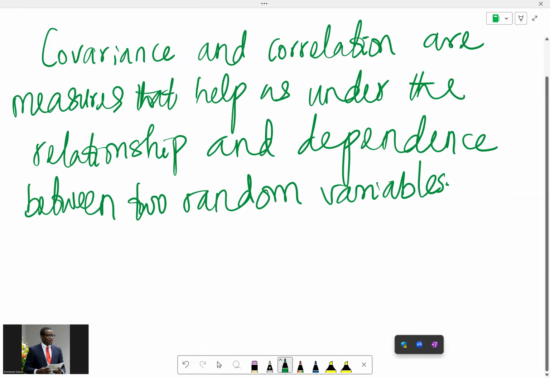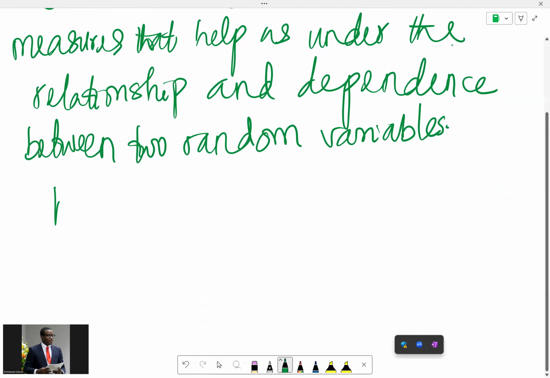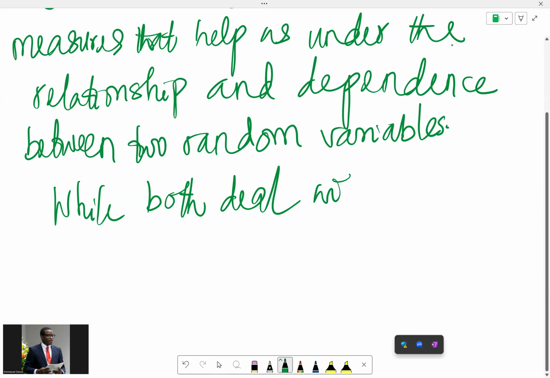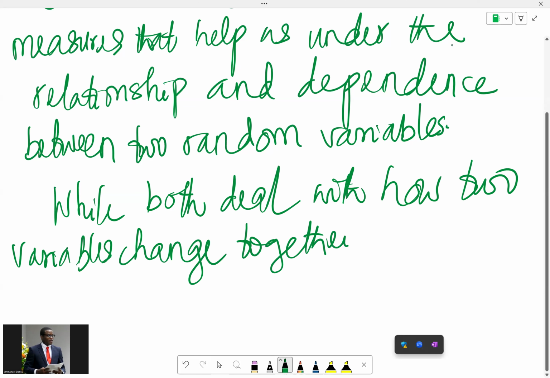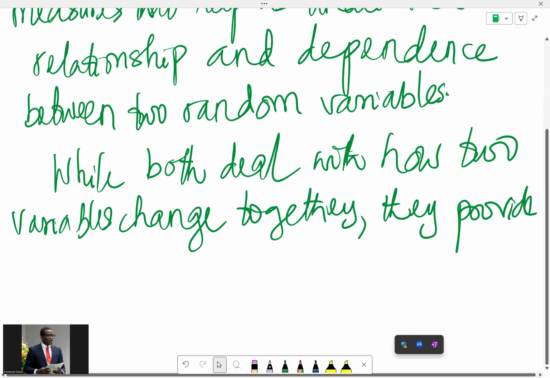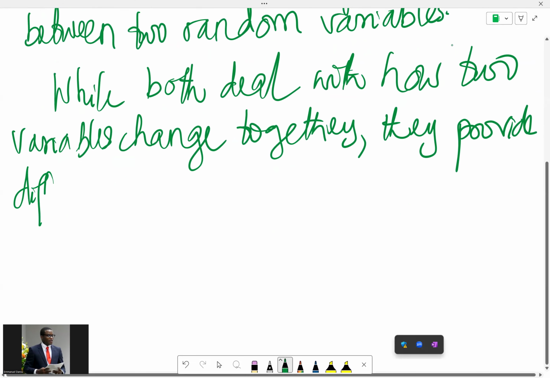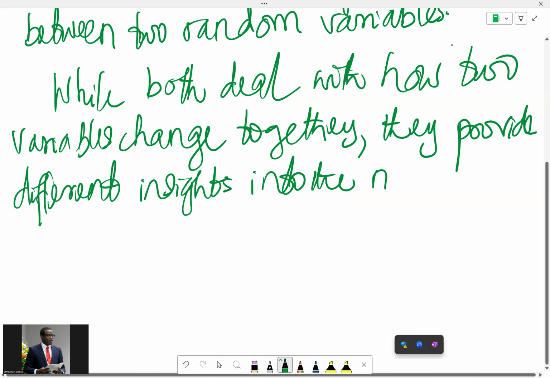So between two random variables, while both deal with how two variables change together, they provide different insights into the nature of their relationship.